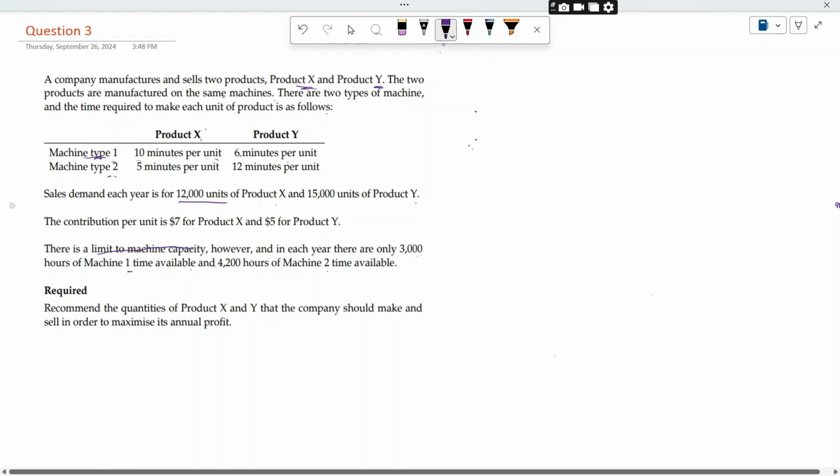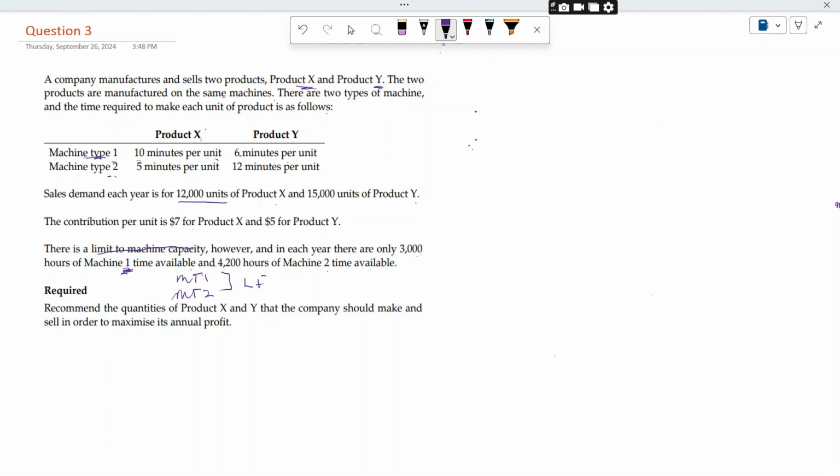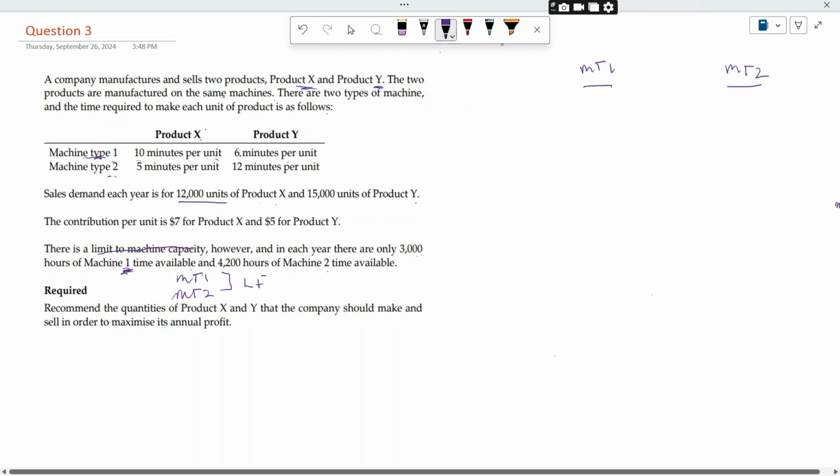Okay, so which of these machine types is the limiting factor? Machine type 1 or machine type 2 is the limiting factor. So we need to find out. In order to find out, you have to look at your machine type 1 and your machine type 2. Great. Now, the question said how many hours are available.